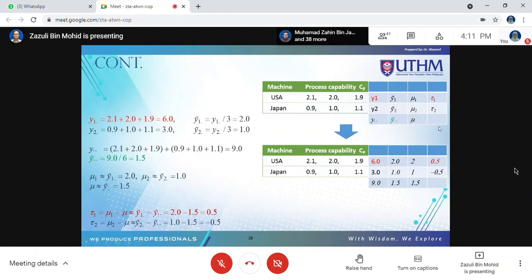So at the end, you will be able to fill up all of the boxes in these tables. And in this case, y double dot here you have 9.0, which is the accumulation of 6 and 3.